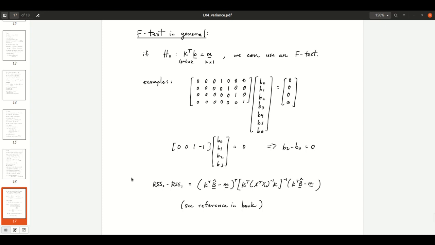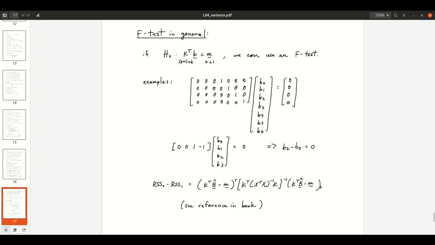And then one final thing: it turns out we can write the difference in sum of squares that appears in the numerator in the following form. We take the estimator for the regression coefficients in the full model, multiply that by K transpose, and subtract off its hypothesis value. Then you have this matrix in the middle, which is the covariance matrix for K transpose B hat, and then you have this thing on the end.